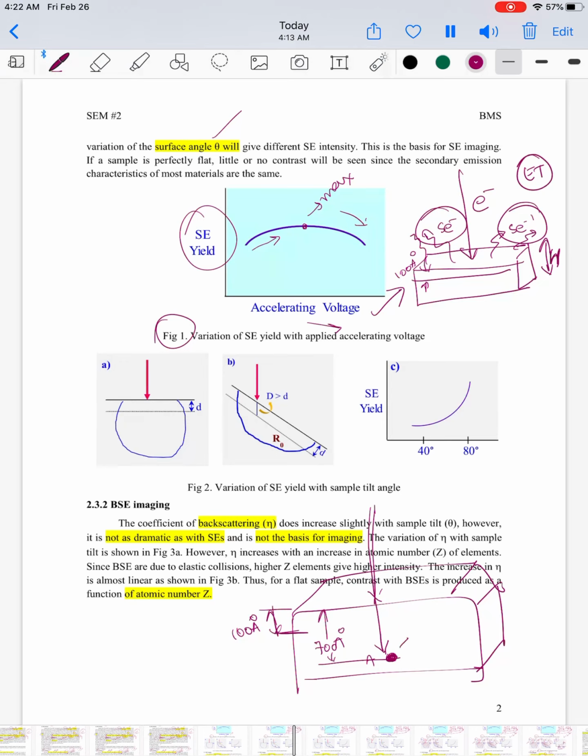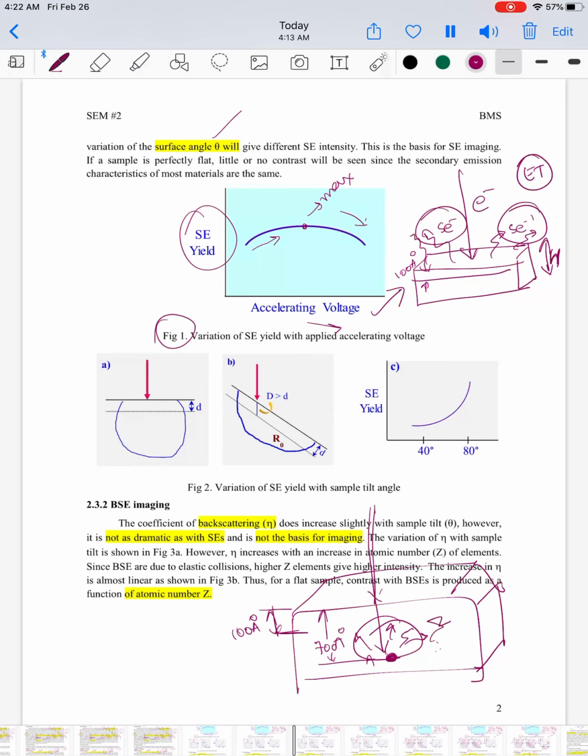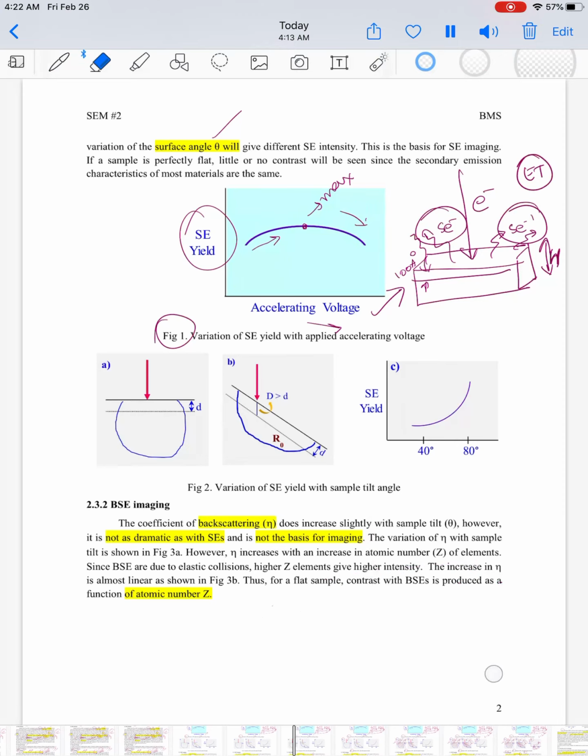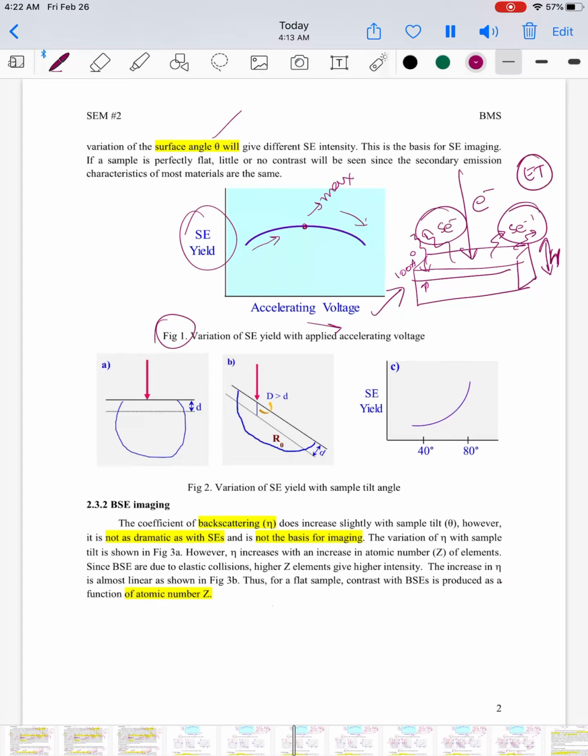If secondary electrons are generated there, since they are low energy, they collide with other atoms within the test sample and they cannot come out. So that is the reason why we have a maximum, after which there is a decrease with an increase in the accelerating voltage.